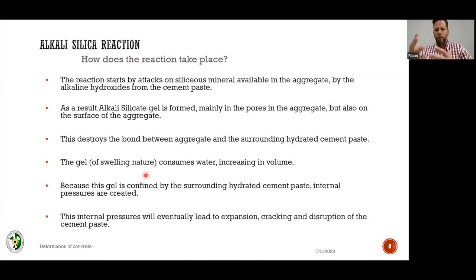Yes, factors like reinforcing inside your concrete matrix do play a role in mitigating and delaying the actual effects of these pressures building up. But inevitably, it will start expanding and start cracking, and you'll start to observe cracks on the concrete surface.